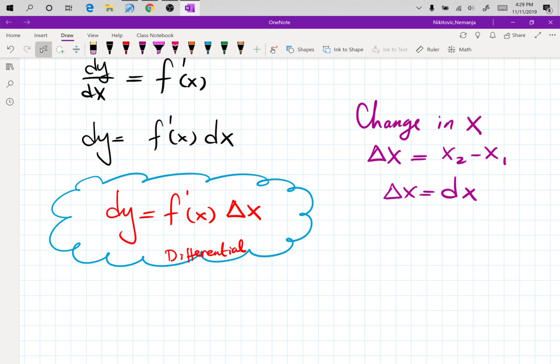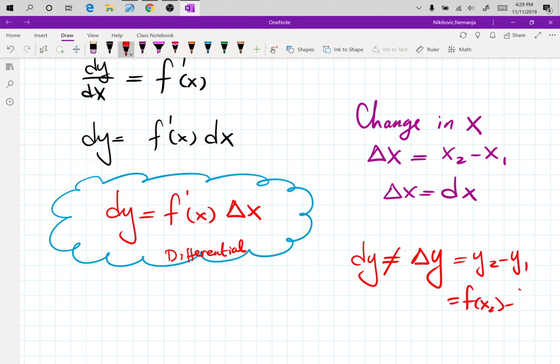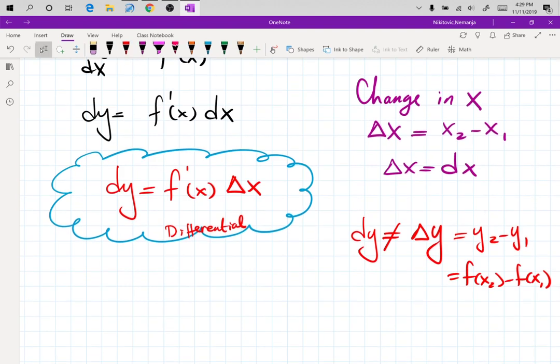No. Dx and delta x are changes in x and they are the same. Dy is not the same as delta y. And delta y is y2 minus y1, which can also be f of x2 minus f of x1.